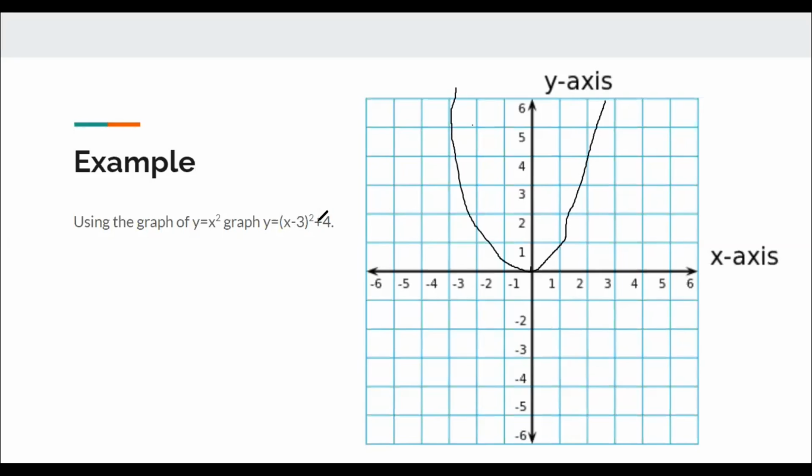If it's (x minus 3) squared plus 4, you're going to shift it 3 to the right because it's x minus k, which is k units to the right. So this is going to go here. So it's going to be like this. And since it's plus 4, it's going to be shifted 4 up. So this is going to be your function. So it's the exact same thing. Since there's no coefficient, it's not going to be stretched or compressed. So that was pretty easy.